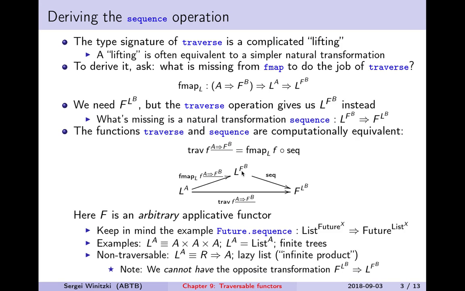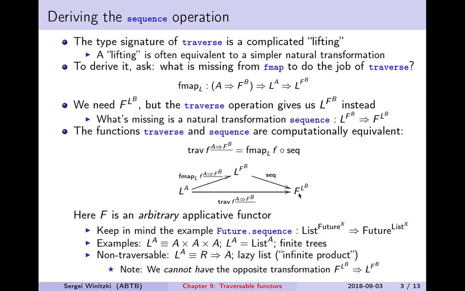You reorder the functor composition, LFB to FLB, and the results must be equal. So for any value of this type, you go up or horizontal, and the result must be the same value of this type.